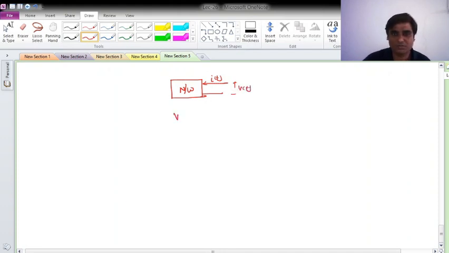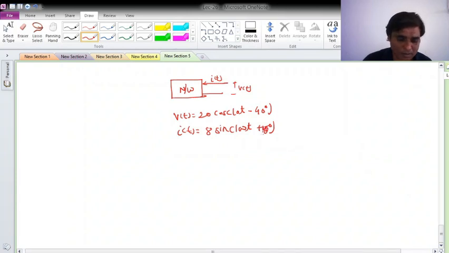V of t is, for example, 20 cos of 10t minus 40 degrees, and the current is 8 sine of 100t plus 15 plus 10 degrees.